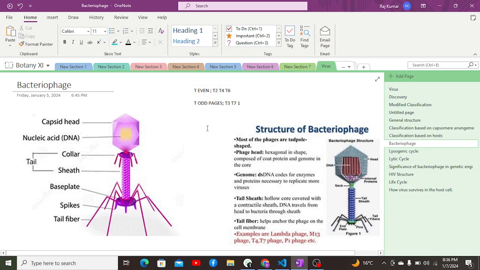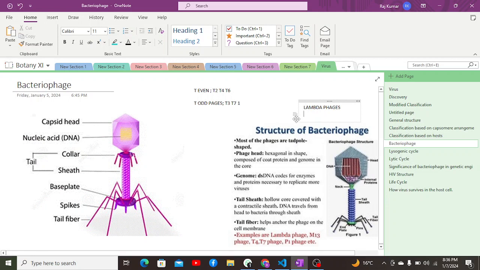Both T-even and T-odd phages are double-stranded DNA phages. Moreover, among other sorts of phages, there are lambda phages, lambda bacteriophage. These bacteriophages are double-stranded DNA viruses.